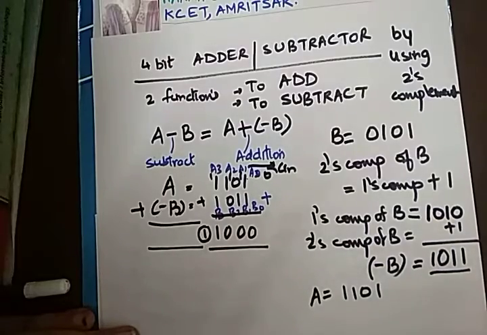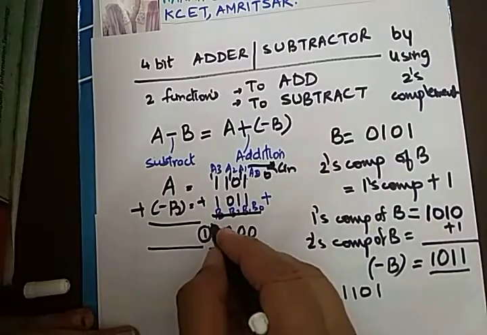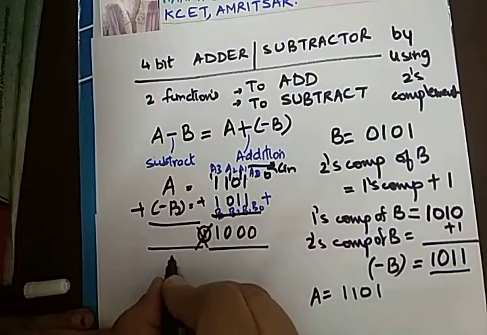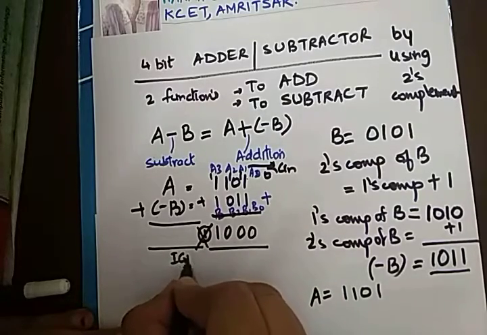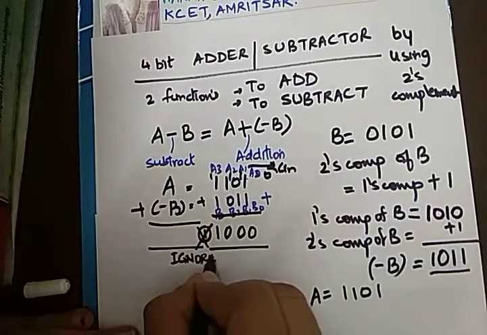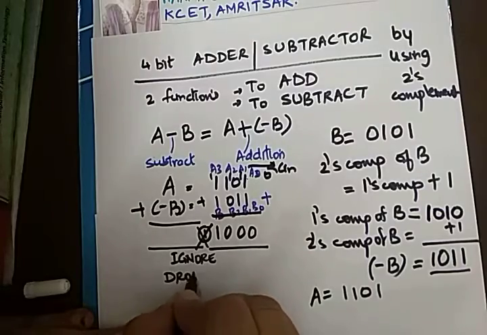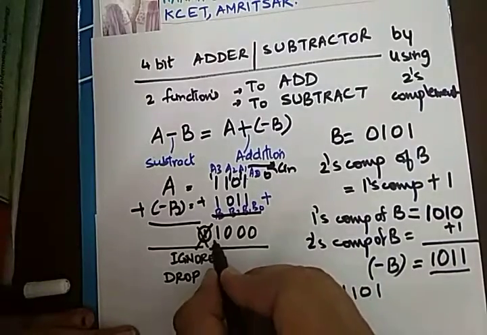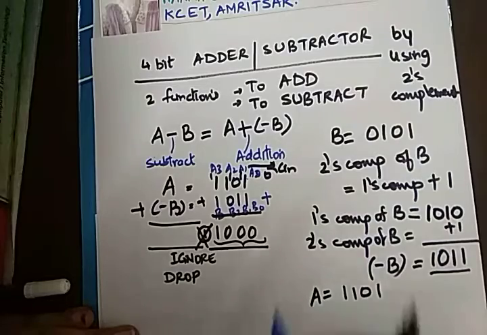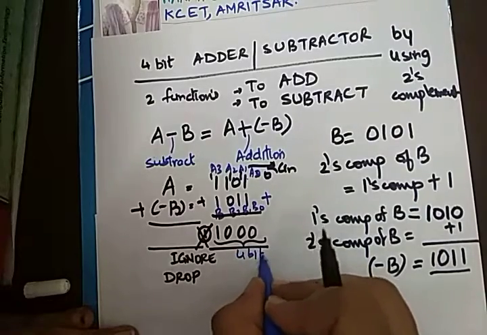And if you recall the 2's complement process, this carry is ignored. You ignore the carry or you drop the carry. And this gives you your final 4-bit sum.